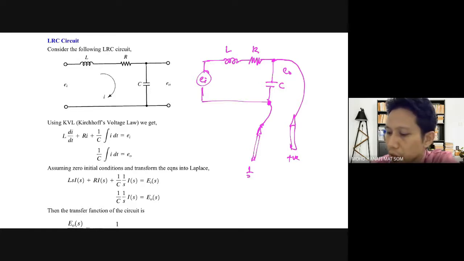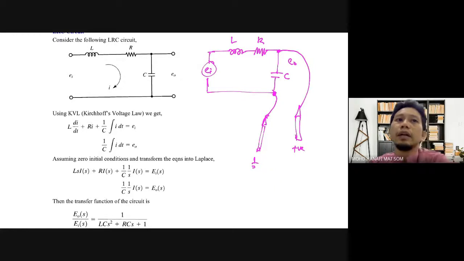Using KVL, Kirchhoff voltage law, what is KVL? Can someone let the class know what the Kirchhoff voltage law says?